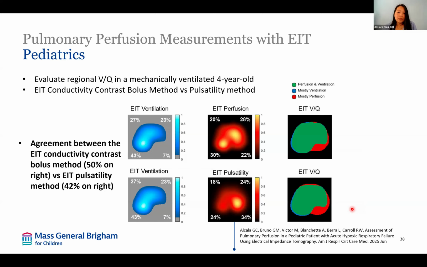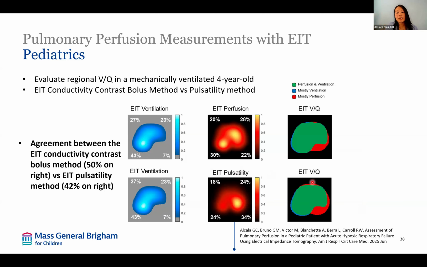So we performed this other methodology called pulsatility, where we look at the change of impedance synced with heartbeats, without giving an injection, to see if the change in RV ventricular contractility is a surrogate, and whether the change in impedance at that time represents pulmonary perfusion at that moment.